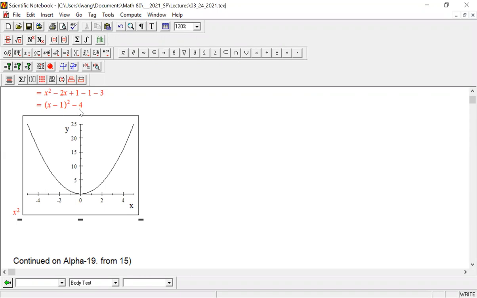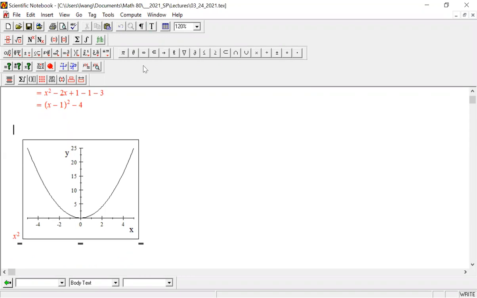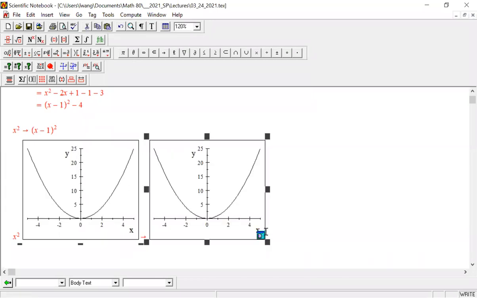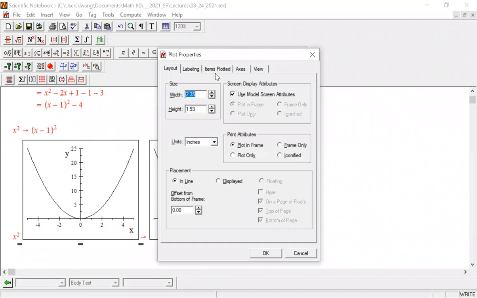And from x squared, we're going to transform to x minus 1 squared. That transformation is a shift to the right by 1 unit. It's a horizontal shift. So now we shift from x squared to x minus 1 squared.